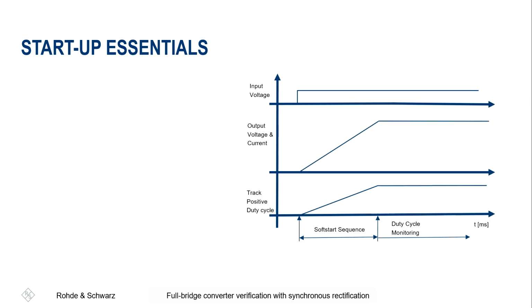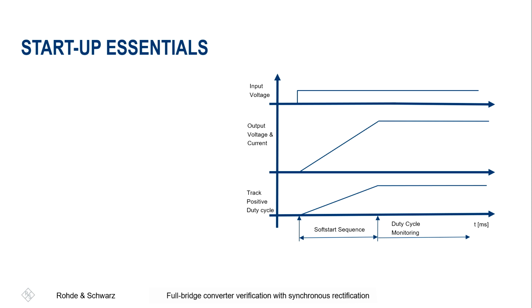How does it look in more detail? So this is the waveform that you typically see. You have this input voltage start, and then you have an output voltage and current here, which is very often a kind of soft start. So it increases gradually in a certain time, because we don't want to have current overshoots and fast edges and so on.